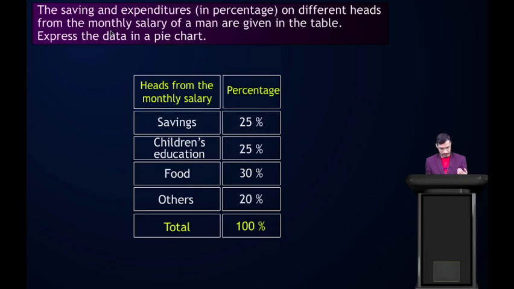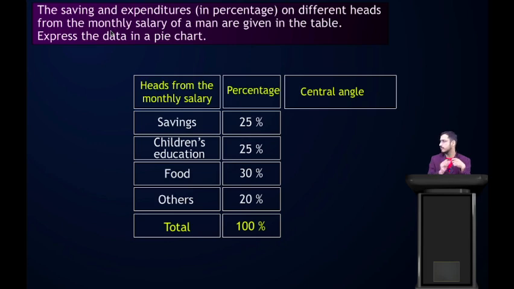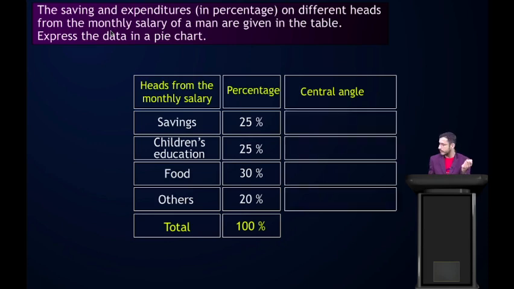Savings, children education, food and others, and percentages 25, 25, 30 and 20. So total is 100% here. How can we find central angles? 25 by 100 into 360 degree. So when we multiply, we get 90 degree here.